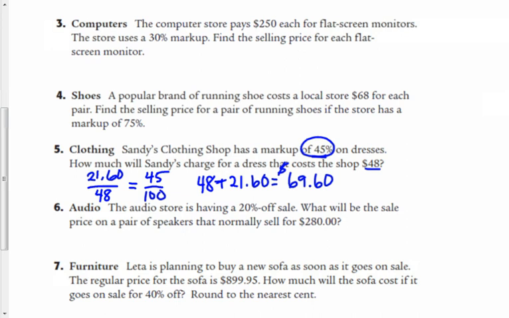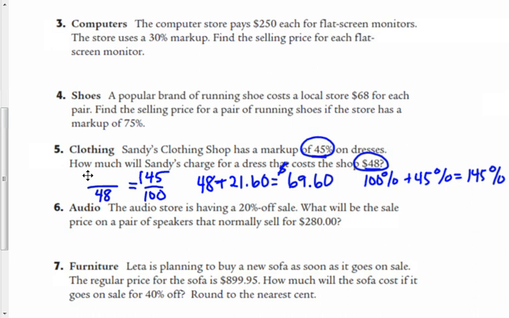Now another way you can look at this is if the original price, the $48, is 100%, then when we add 45% to that, we're going to have 145% of the original. And so I could put 145 here and find the part out of 48, and that would give me the price with the markup.